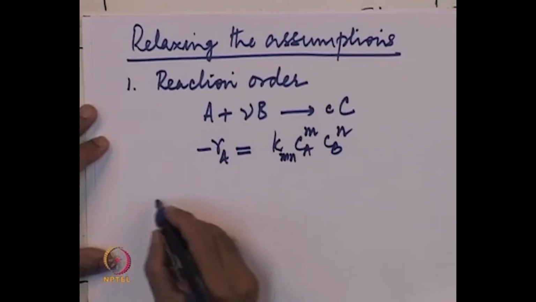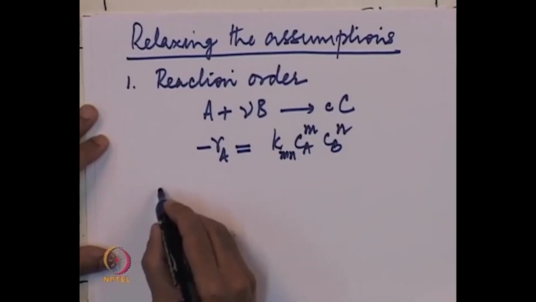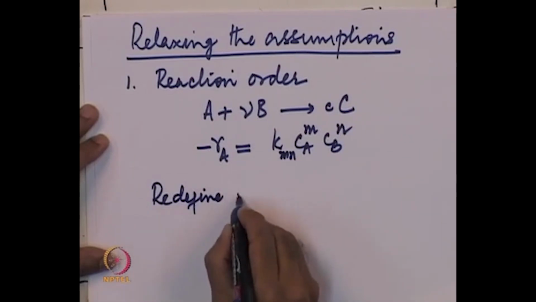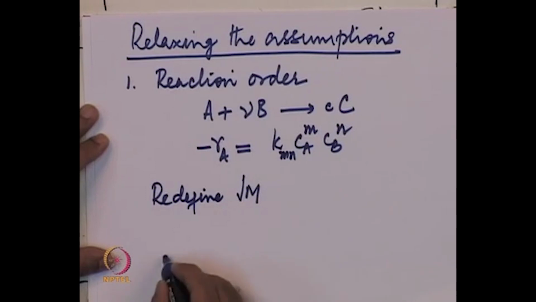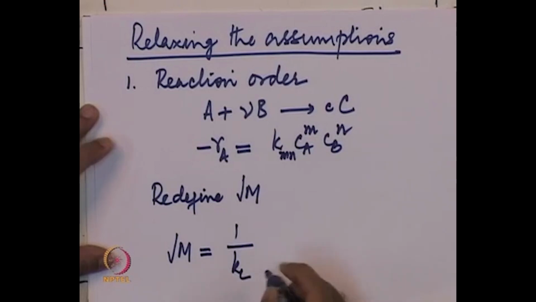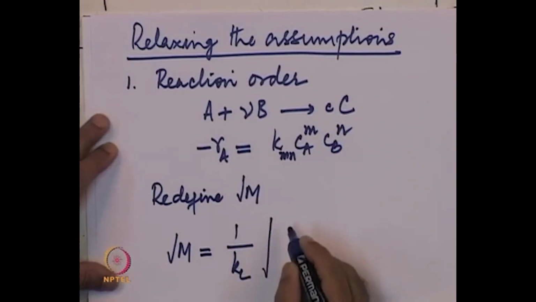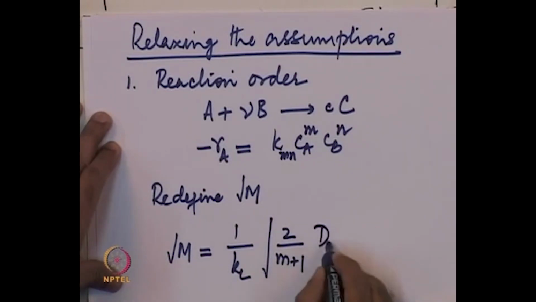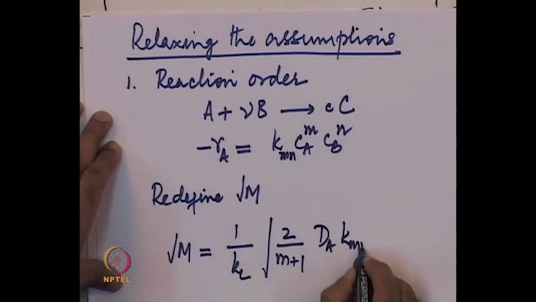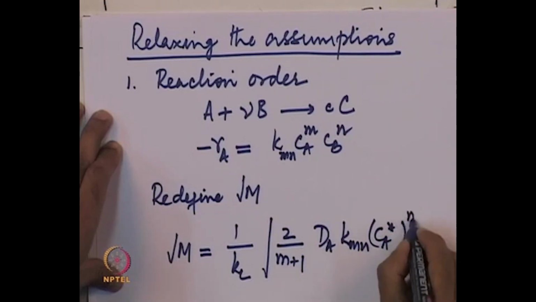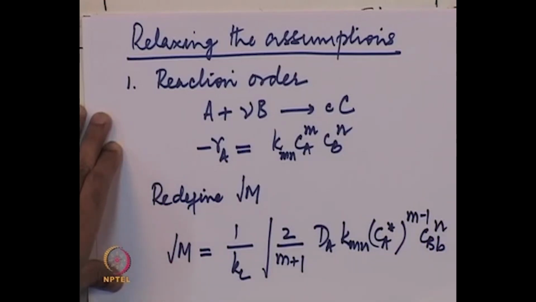So, it turns out that all that needs to be done is to redefine the Hatta number in the following manner. It is the physical mass transfer coefficient in the denominator, and the numerator is the square root of 2 divided by (m plus 1), times the diffusivity of A, the rate constant, C_A star raised to the power m minus 1, C_B bulk raised to the power n.